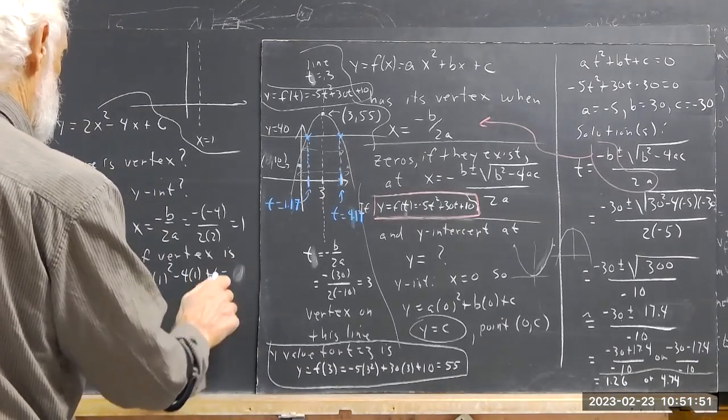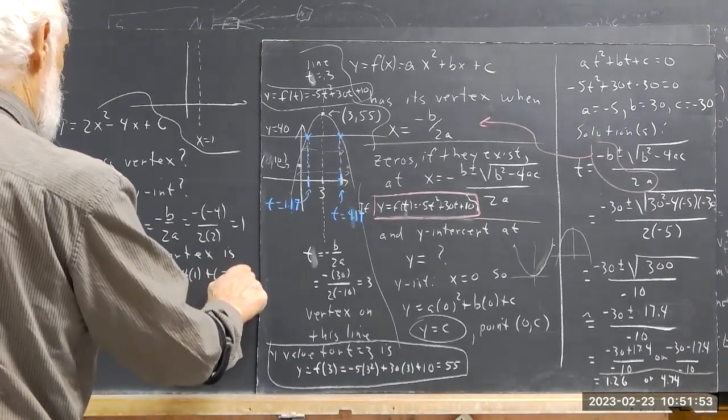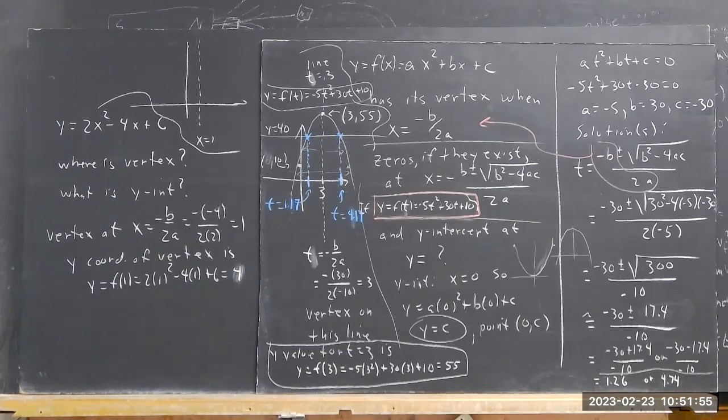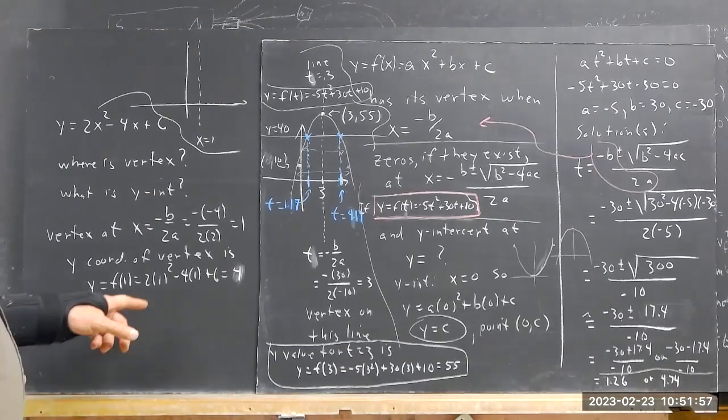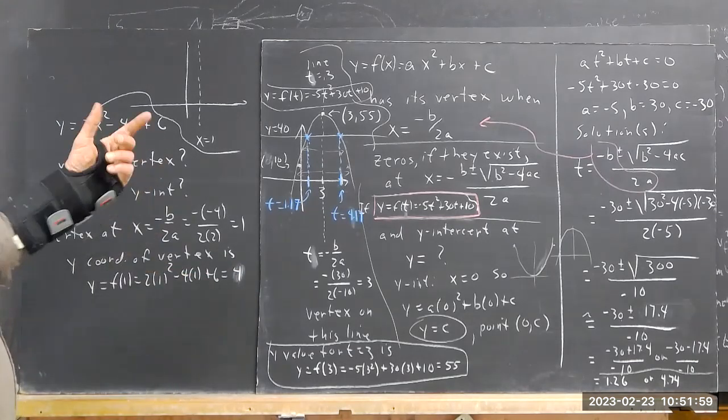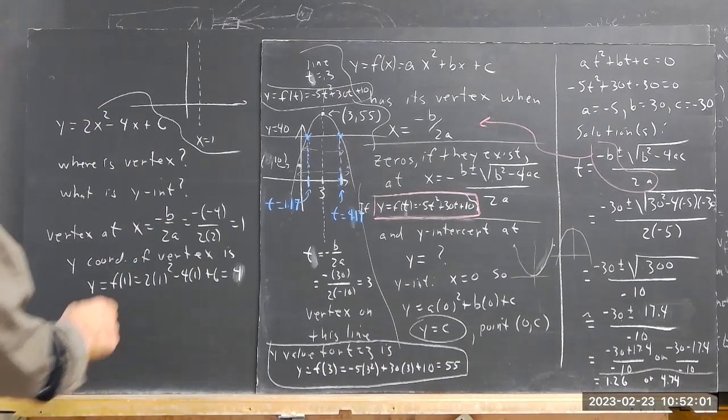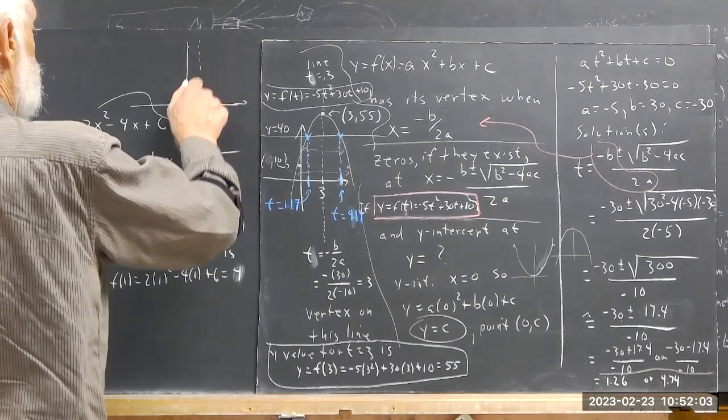You get 2 plus 6 is 8, minus 4 is 4. So now I can say, okay, here's the vertex.